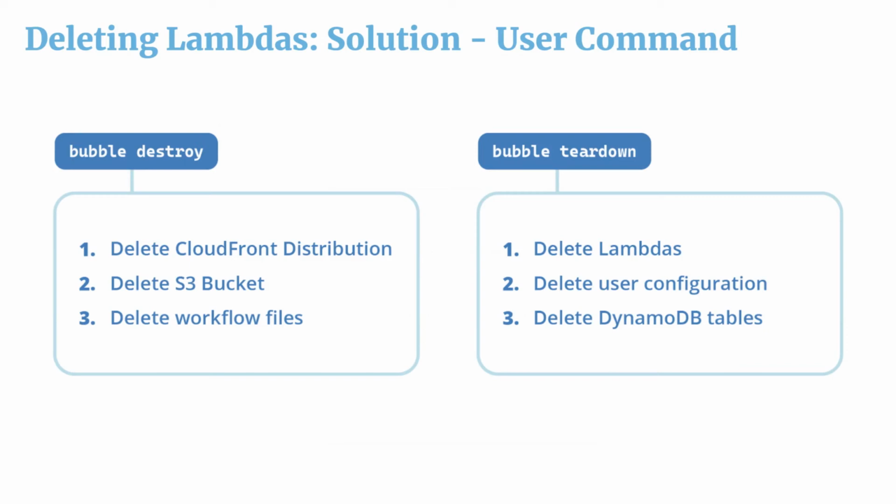We decided to add an additional table to the DynamoDB database to store metadata for each lambda, which meant we also had to alter the workflow for building and deploying preview apps so that this lambda metadata was saved during each deployment. This new table is now used when the user runs bubble teardown, so that bubble can tell AWS which functions to delete. The table is then removed once all functions are successfully deleted.